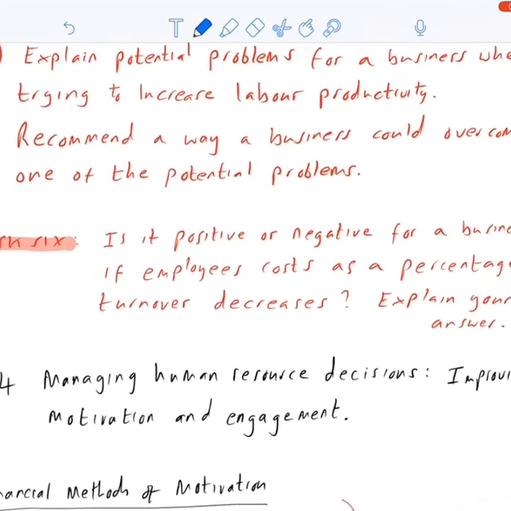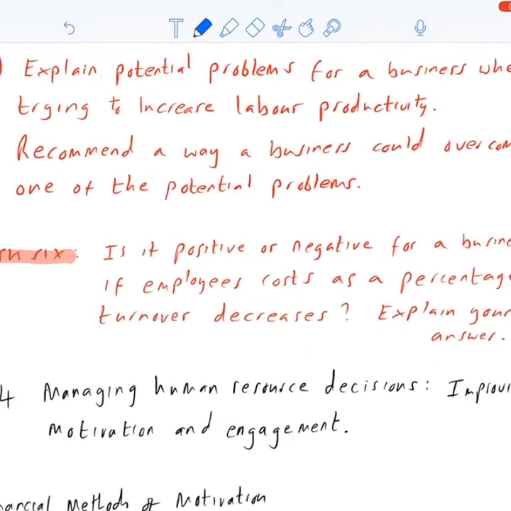So task 6, I would like you to answer this question. Is it positive or negative for a business if employee costs as a percentage of turnover or their sales revenue decreases? Explain your answer. Okay, so please pause this video and attempt task 6.